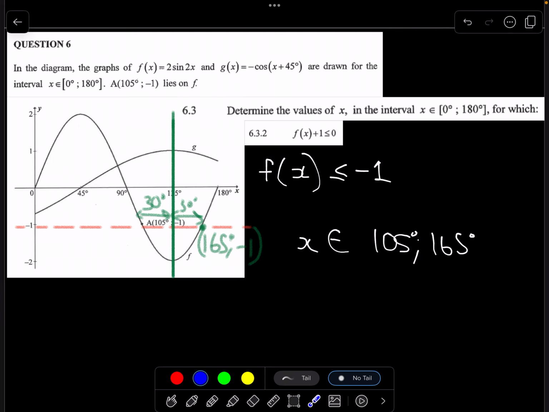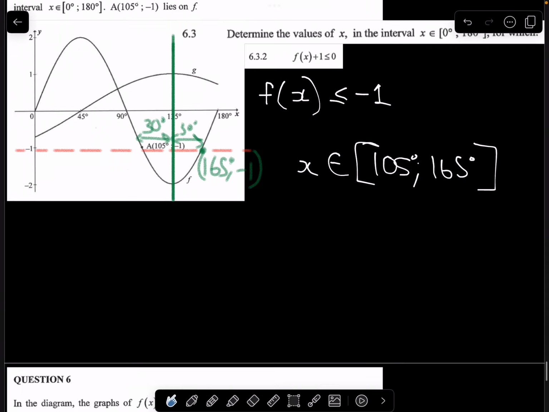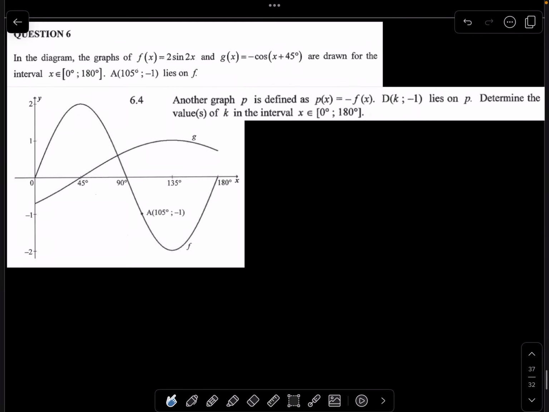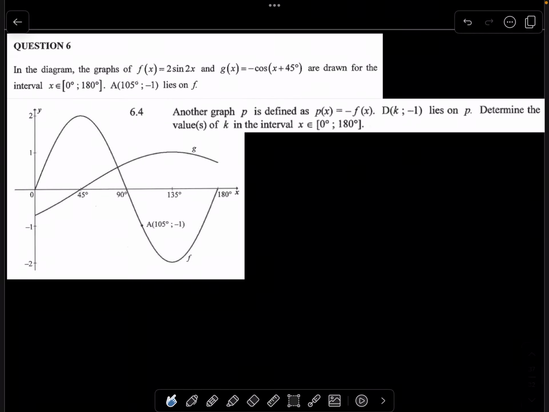And we do, because at 105 and at 165 the function gives us exactly -1, and we are interested in the places where f of x is smaller than or equal to -1, so both the boundaries pass. So the memo is also in agreement. You know what, I'm not so upset with this question anymore.